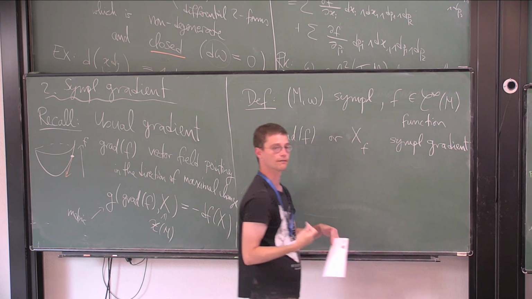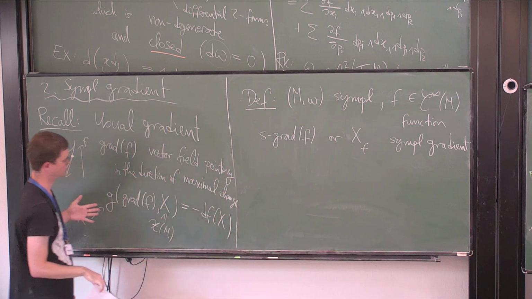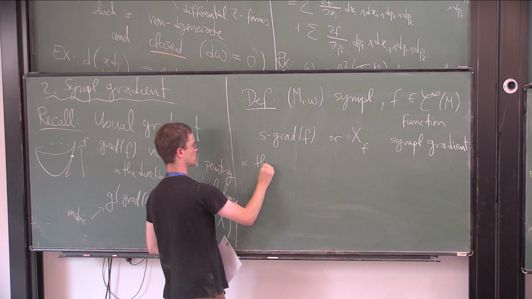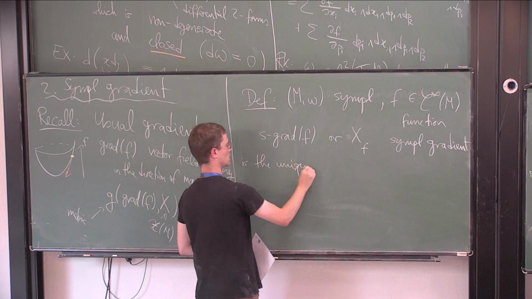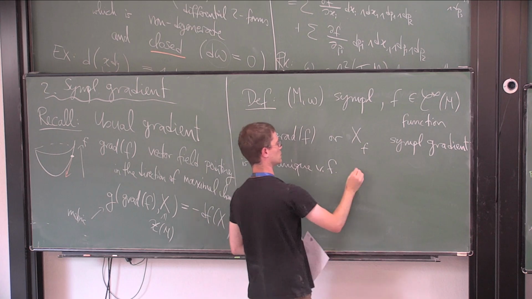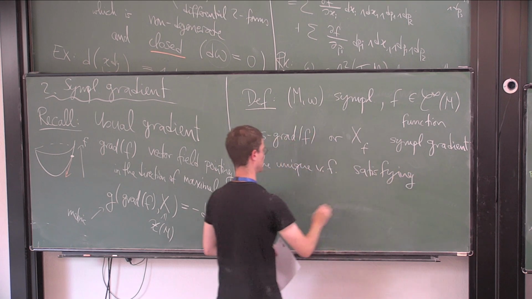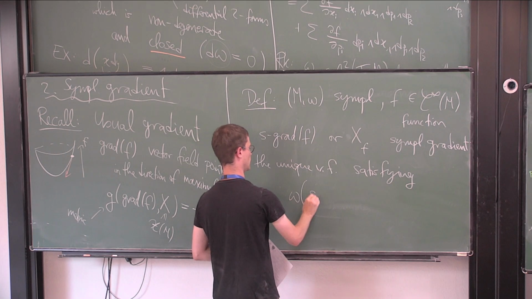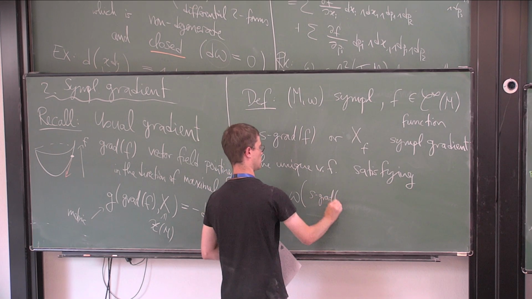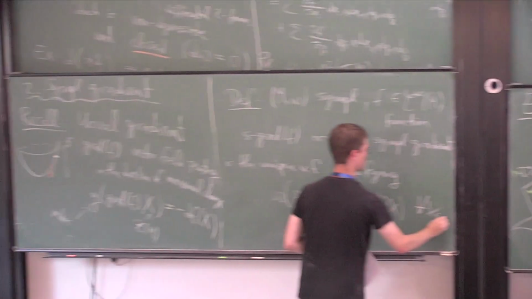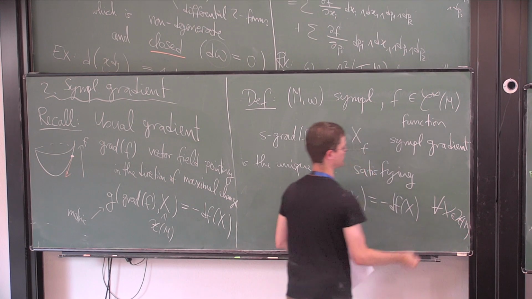It's the unique vector field satisfying omega of X_f, X equals minus df of X. This should be true for all X in vector fields.